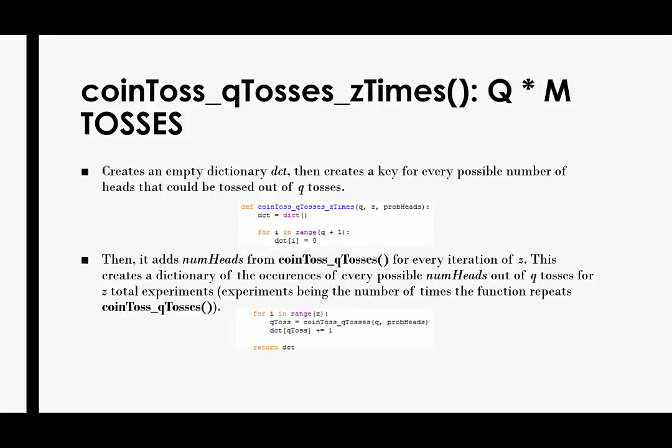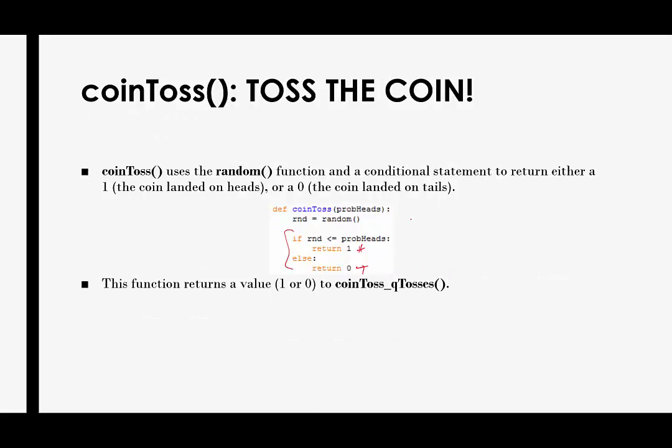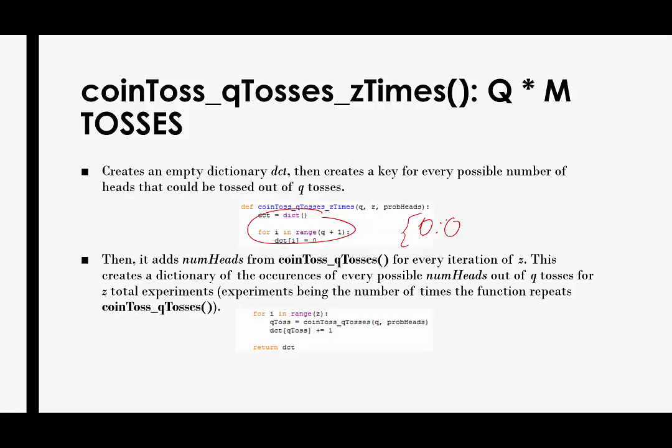And this creates an empty dictionary, DCT, I'll just call it the dictionary, and it creates a key for every possible number of heads that could be tossed out of Q tosses, as you can see right here. And what that'll do is it'll make the dictionary values. If Q tosses gave 0 heads, these two functions here and then here would pass a value back up, in which out of one iteration of 10 tosses, it returns 0 heads, then the 0 key value in this dictionary would be 1.